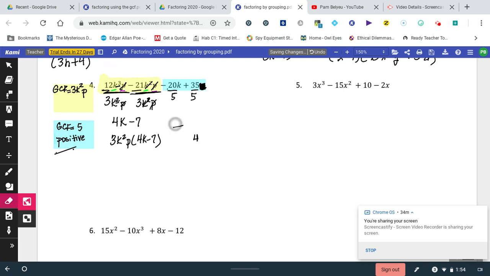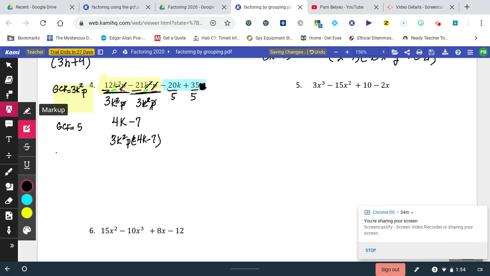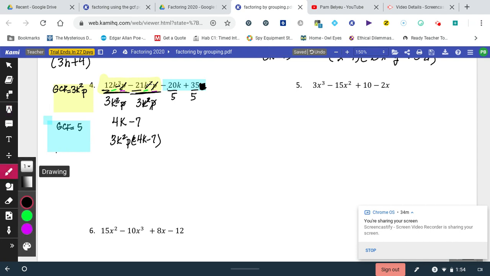But I am going to make my GCF negative like it really should be to start off with. Put my box back. All right, so I'm going to make this negative like it should be.